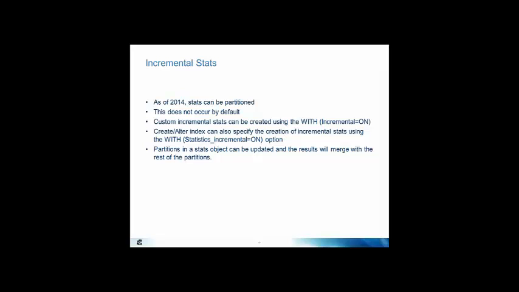It's 20% of the partition that has to change. And then the stats for that partition will automatically update. This is tremendous because it means our stats are not only going to be more accurate, but they're going to update more often.